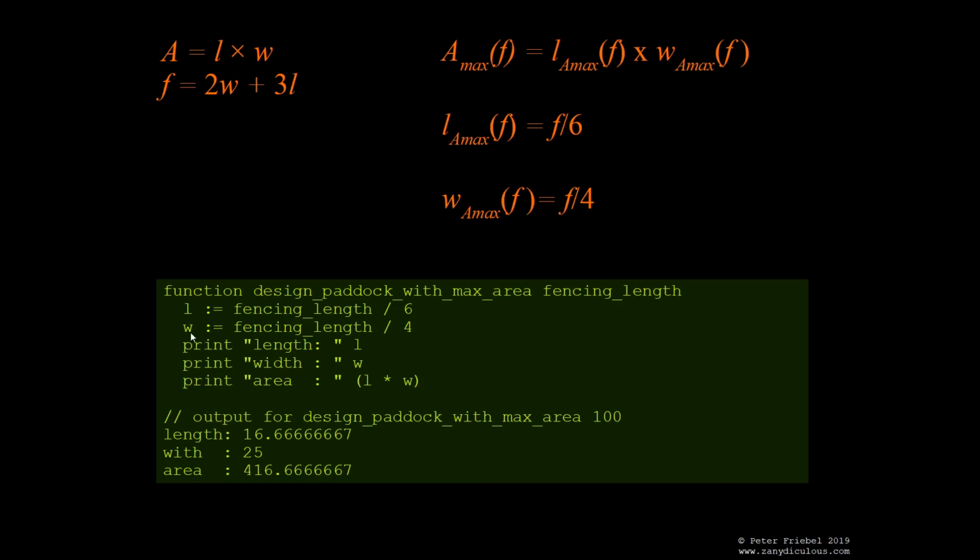Then we initialize W with fencing length divided by 4, which is this one. Then we simply print the length and the width, and then we can calculate the area by doing L times W. And that is this bit. And then a hypothetical output of such a program would be something like this.